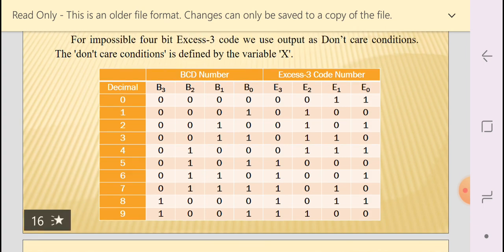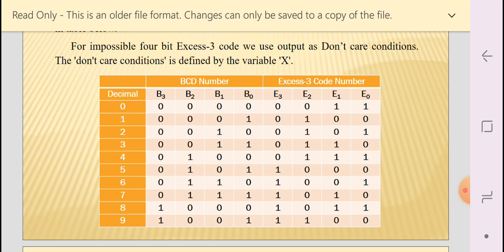But here we are doing it with a 4-bit BCD number. So you have to consider from 0 to 9; from 10 to 15 will be don't care. I think you know about don't care. If you don't know, I will discuss it later.